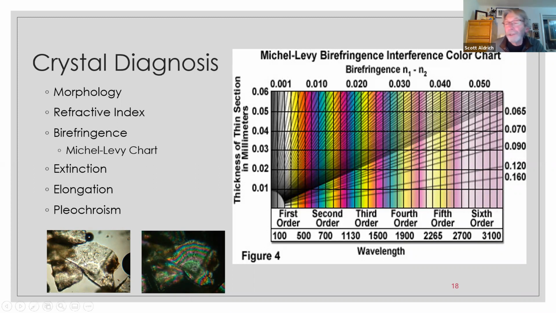The 2 images at the bottom left, frankly, are images of thick sand fragments of quartz. And the left one is simply white light. It is polarized light, but it's just plain polarized light. There's no analyzer.